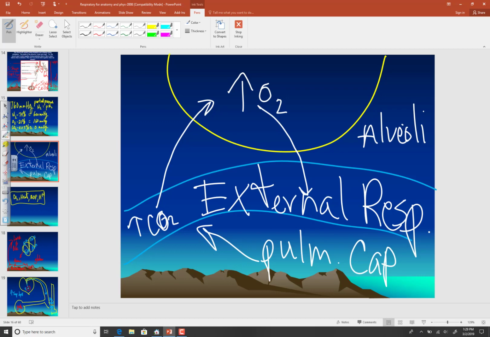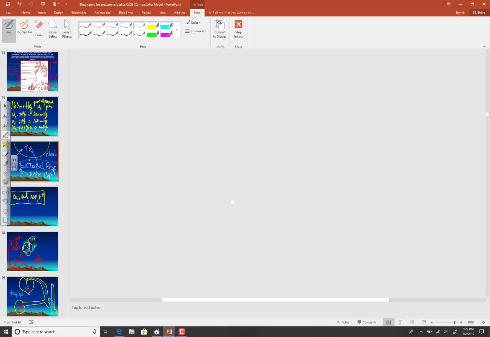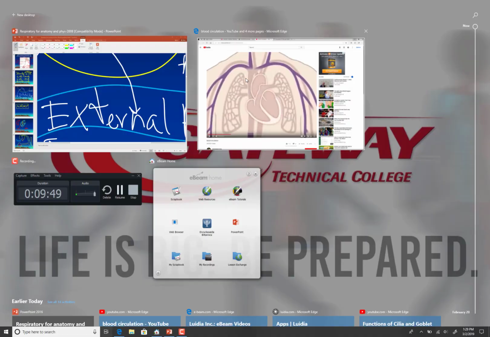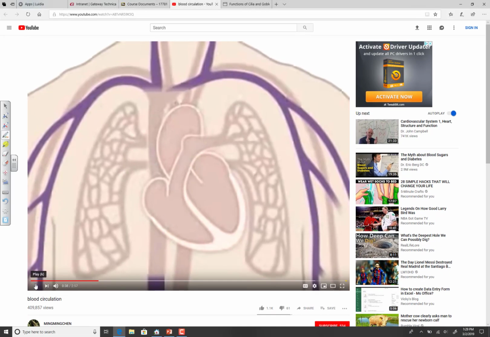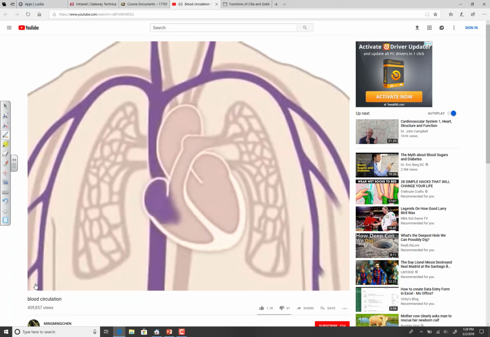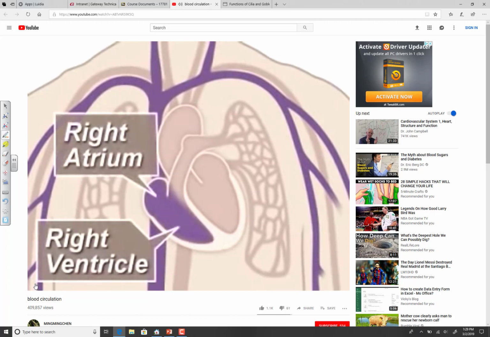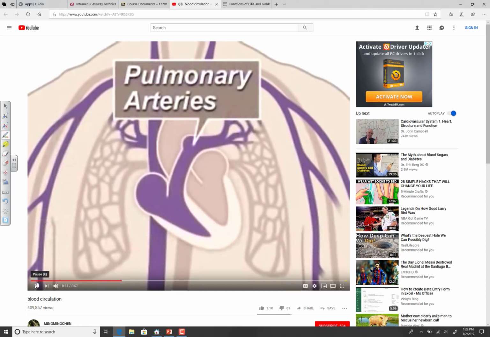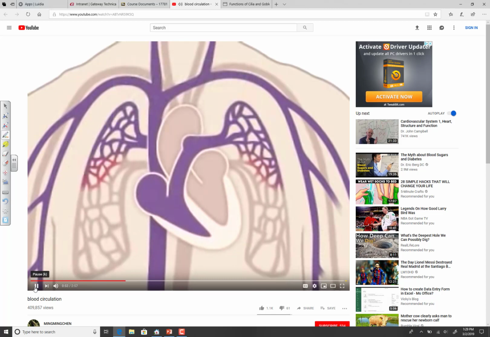All right, so now all that newly oxygenated blood that came from the lungs, right, is now all that venous blood that's coming back from the body. It's going to go to the lungs, right? Right ventricle, pulmonic valve, pulmonary trunk, left and right pulmonary artery, arterioles, pulmonary capillaries.